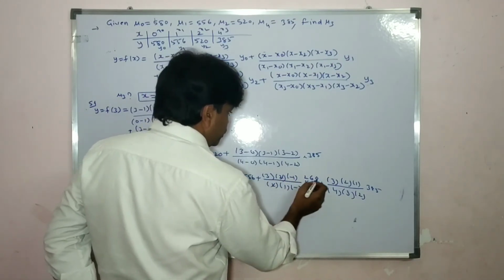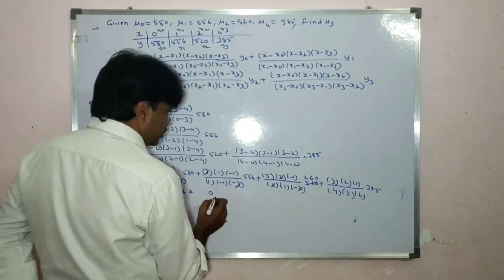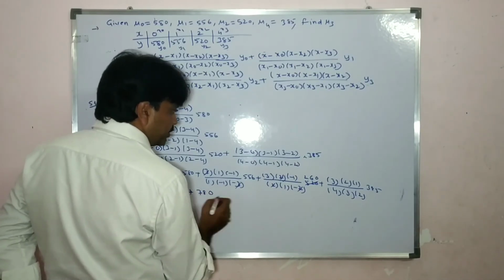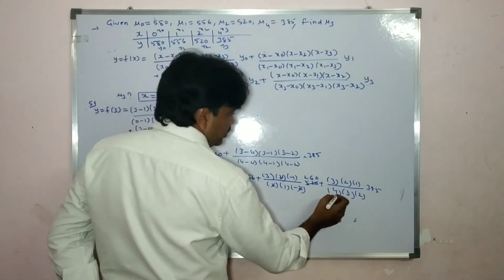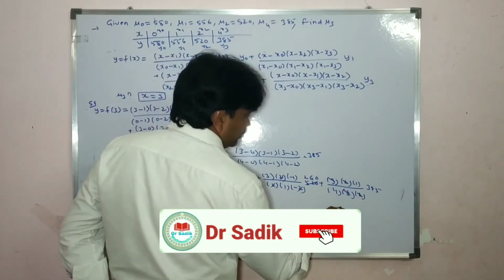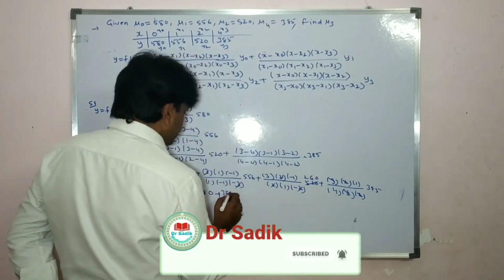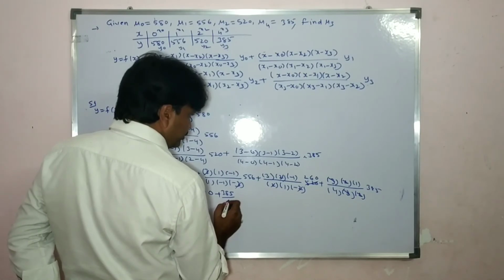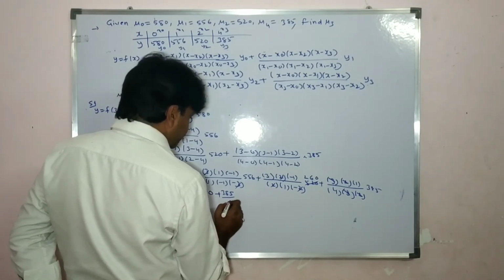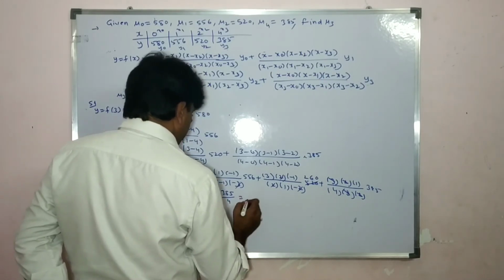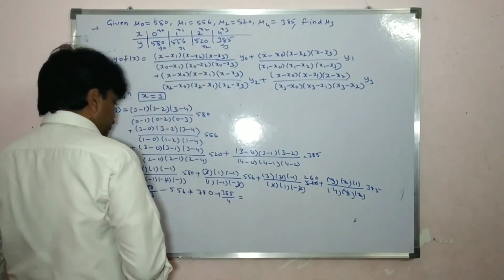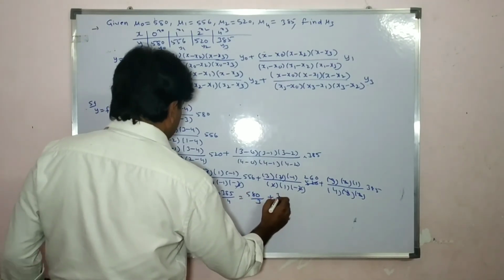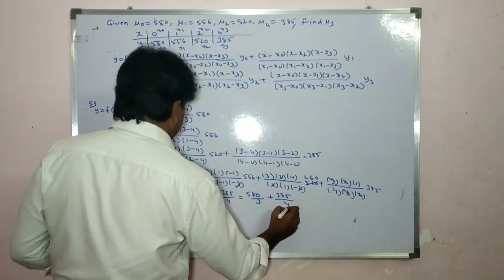So multiply: 3 into 3 zeros are 0, 3 6s are 18, 1, 780. 780 plus, 3 cancel, 2 cancel, 385 by 4. That is equal to 580 by 3 plus 385 by 4.